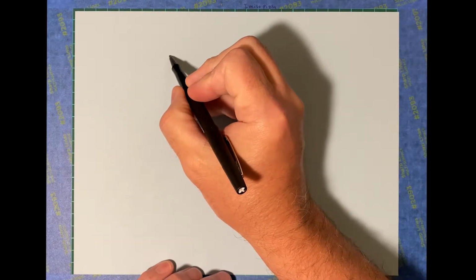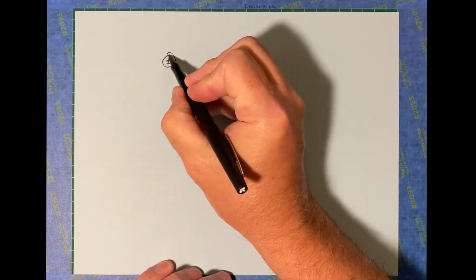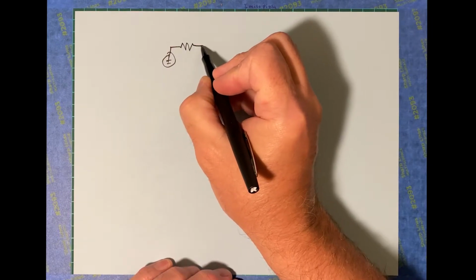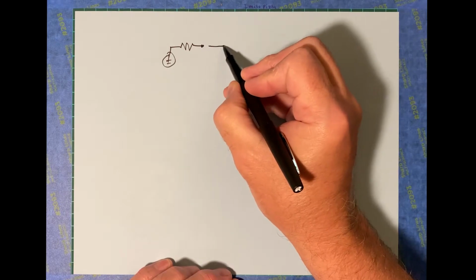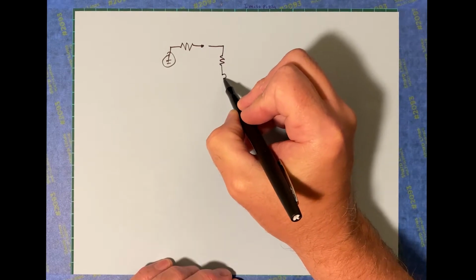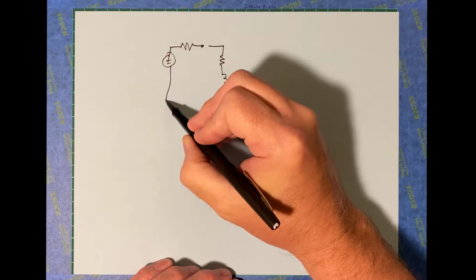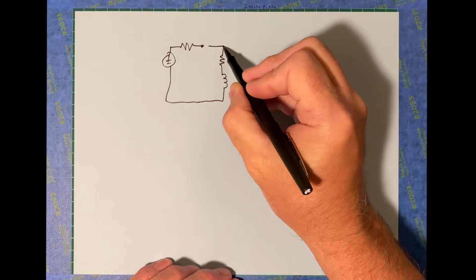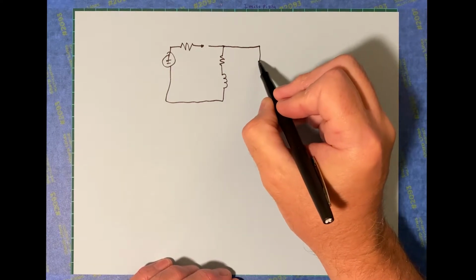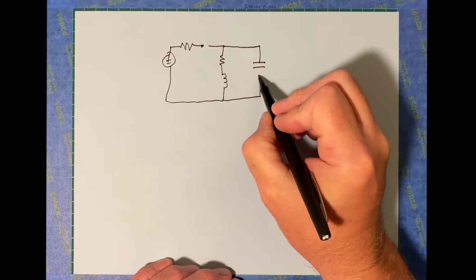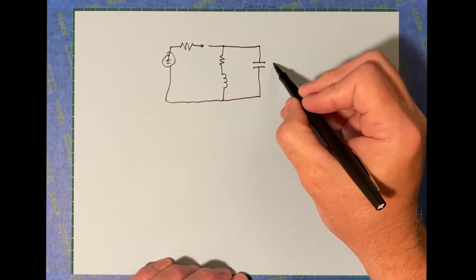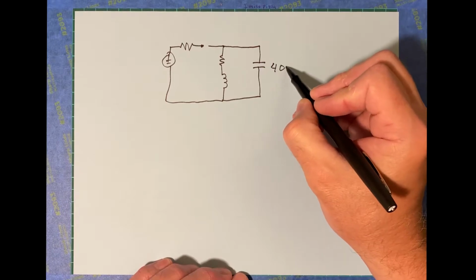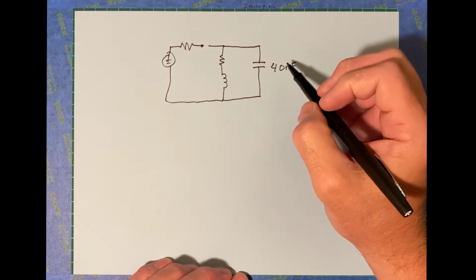Let's say that this is our circuit. So here's our capacitor. Let's say that that is 40 nanofarad.